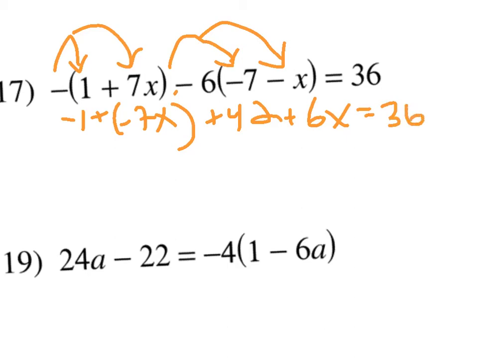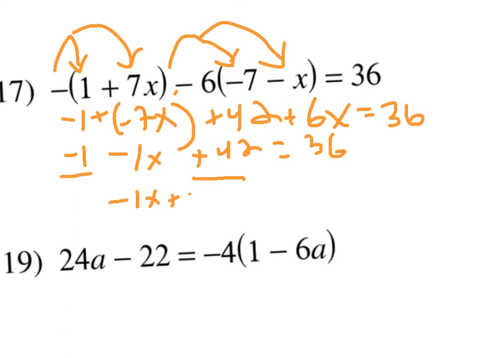And then we're left with negative 1 minus 7x plus 6x is minus 1x plus 42 equals 36. Combining the negative 1 and the positive 42, negative 1x plus 41 equals 36.